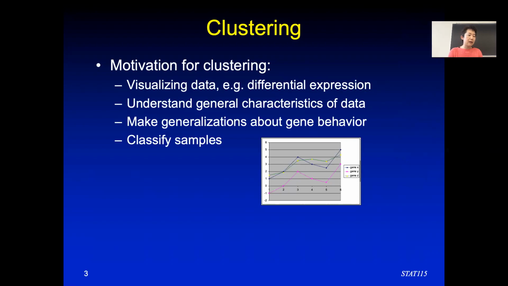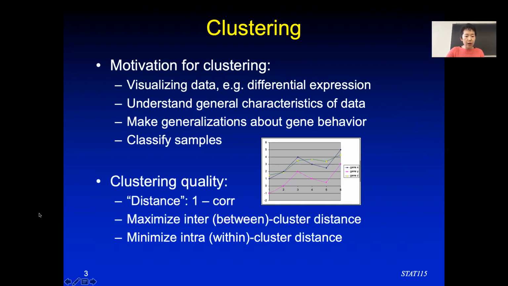Rather than describing one gene, you can look at a cluster of genes. You say, okay, in this cluster, expression goes up in some condition, or goes up at 3 hours but gradually comes down at 6 and 12 hours. So you can describe the whole cluster's behavior. You can also use it to classify samples, which we'll discuss in the next lecture.